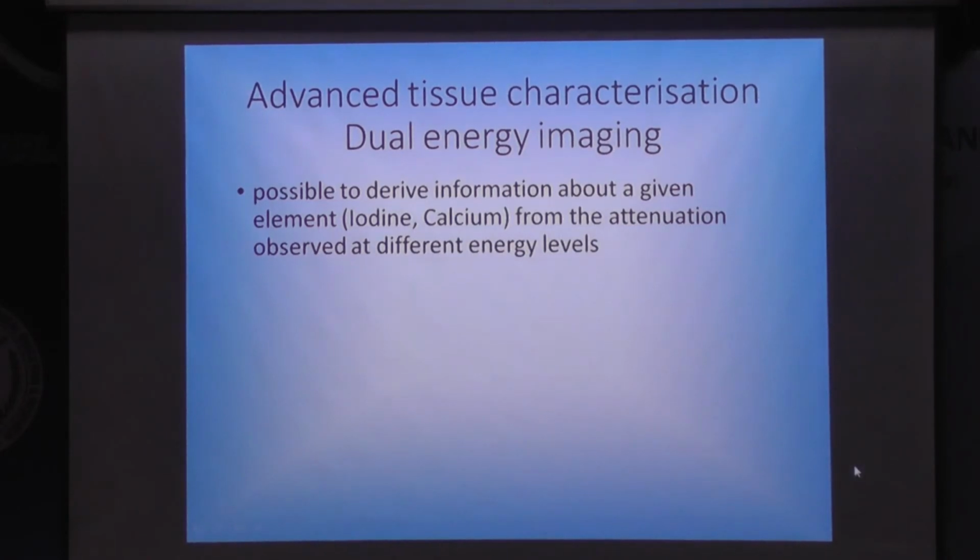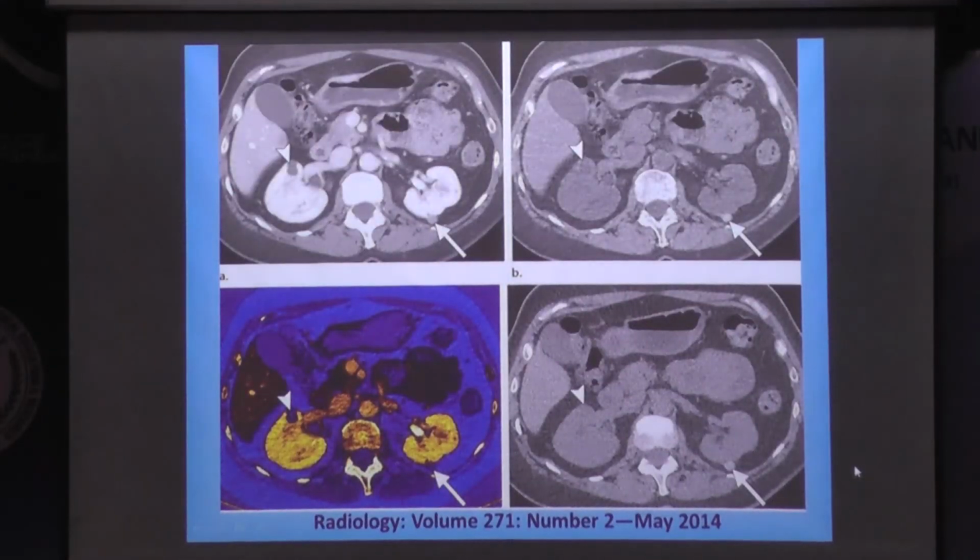Now we have seen basic material characterization, that is air, fluid and fat. We can do it in an advanced way using dual energy imaging. That is, if you perform the CT at 2 different kilovoltages, it is possible to identify iodine, calcium and materials like that. So what is the importance of identifying iodine? For example, this is the dual energy application.